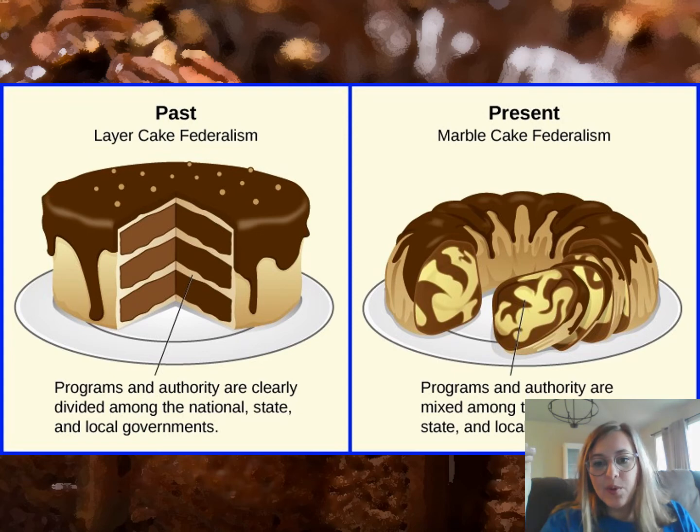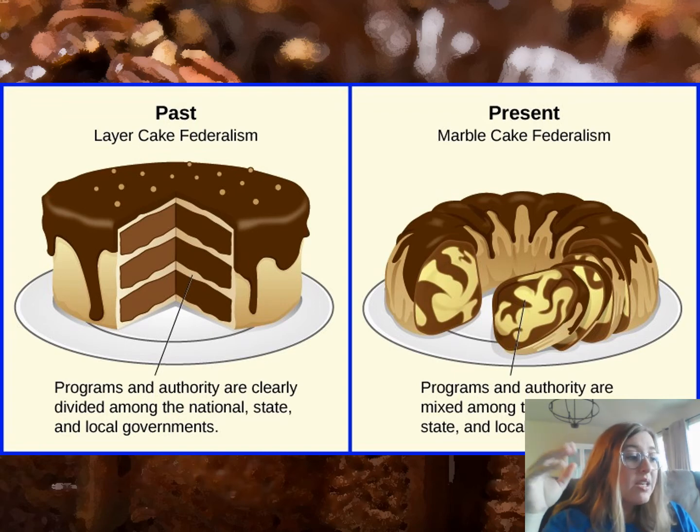So, for example, they say, hey, the national government's going to have power over interstate commerce, which is commerce between the states, and states are going to deal with intra-state commerce, so the commerce that's happening within their borders. And there's not going to be a mix or overlap of that authority.